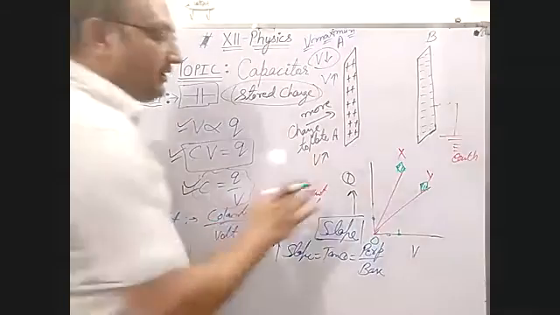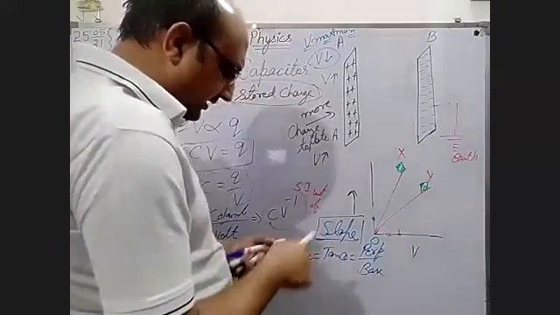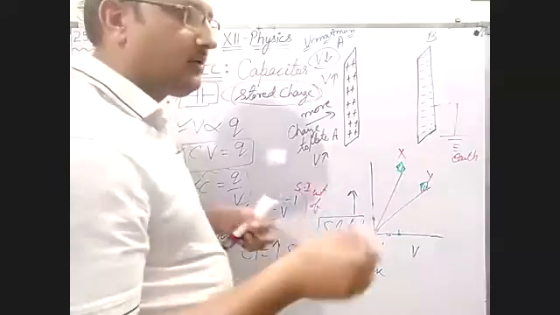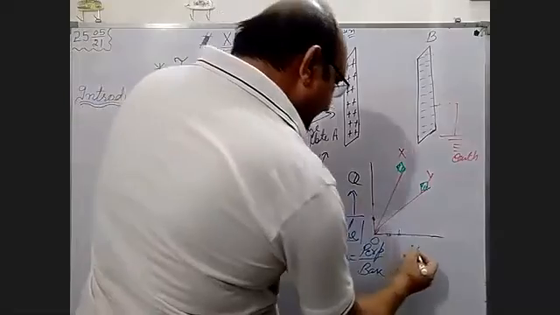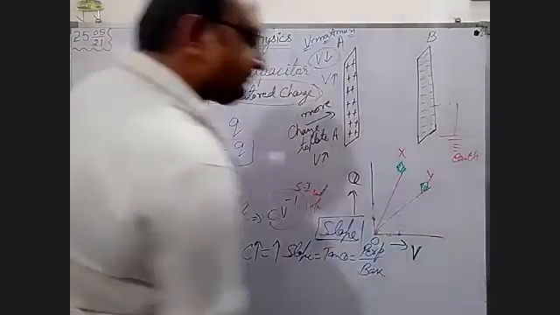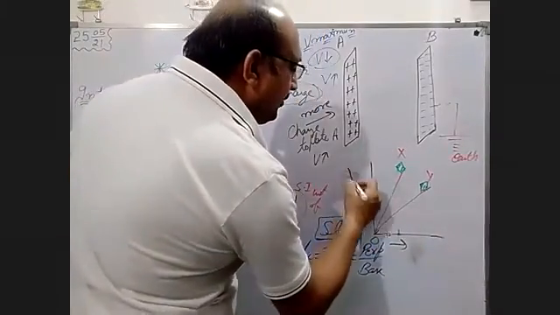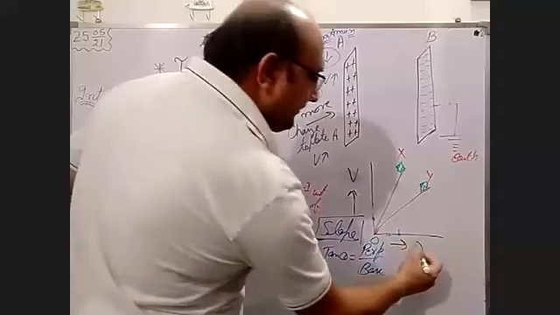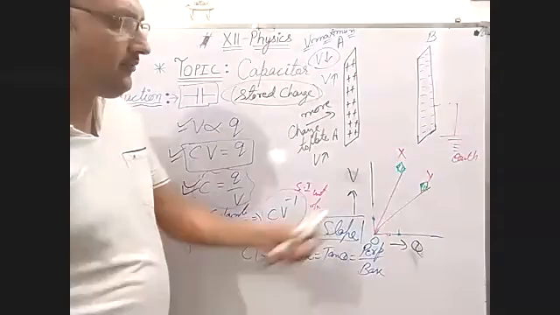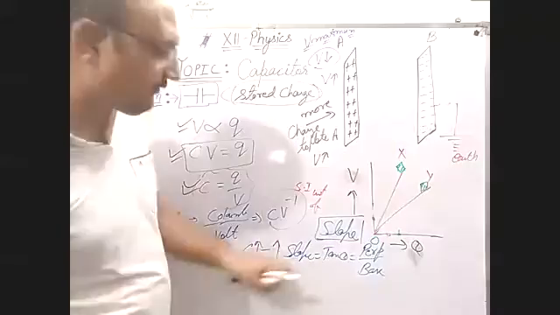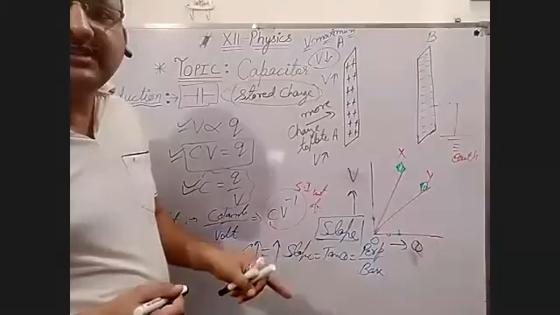Okay, but if it is Q by V, and instead of V, Q is there, then what will happen in the value of capacitance?